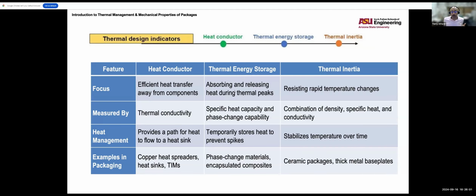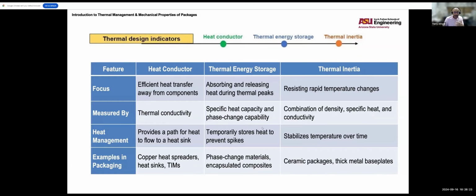Then we're going to have thermal energy storage. These are the materials that will absorb and release heat during thermal spikes, especially absorb a lot of heat very quickly. They have a specific heat capacity, how much heat they can absorb, and many of them have phase change capability.